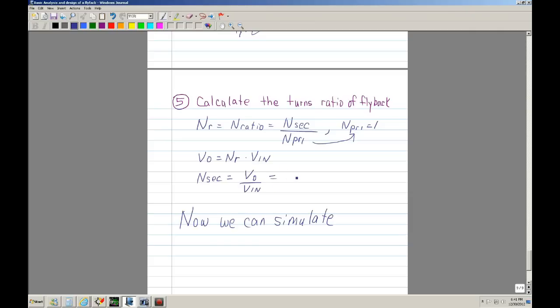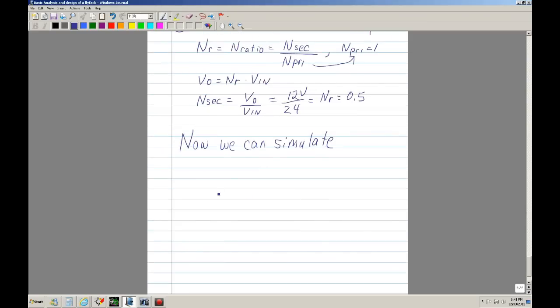In our case, V out is 12 volts and V in is 24 volts, so we have a turns ratio of 0.5.